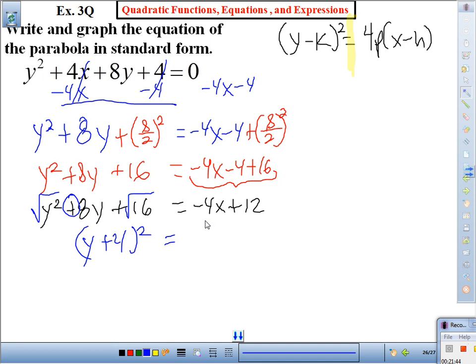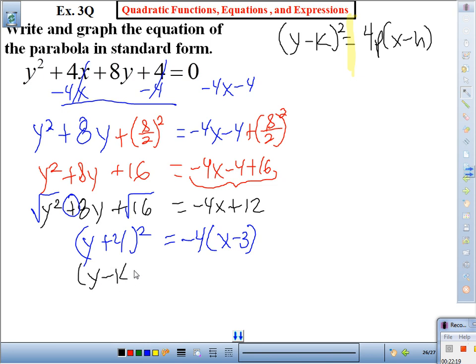What's the greatest common factor? 4, but this one has a negative, so it's negative 4. So we're left with x minus 3. Does that look like that one? Where do we get 16? What is 8 divided by 2? 4 squared.